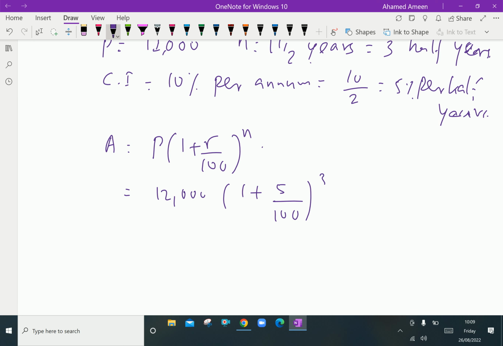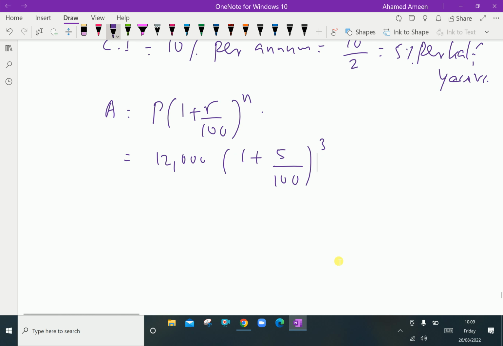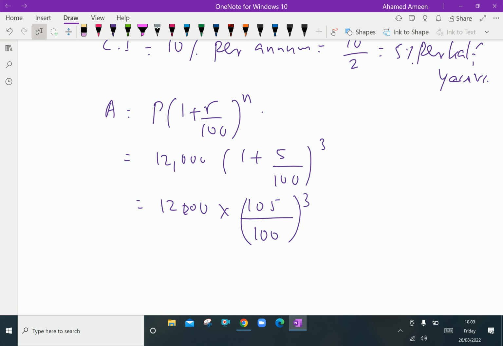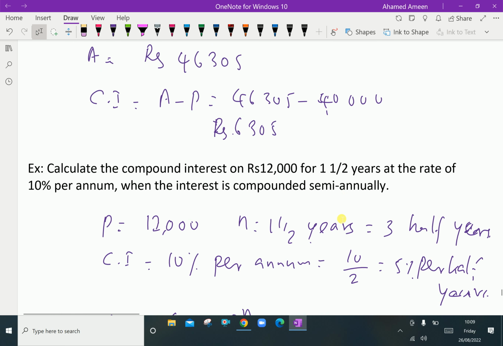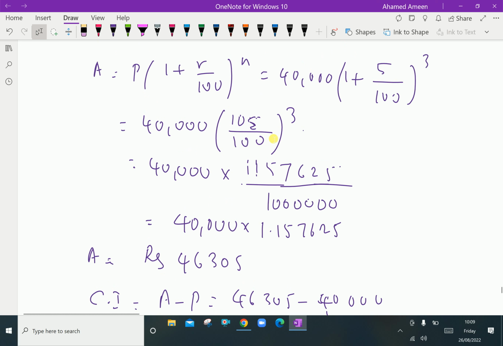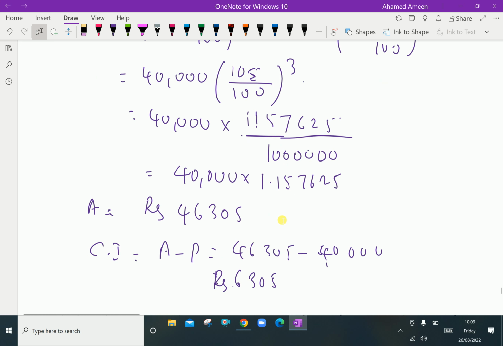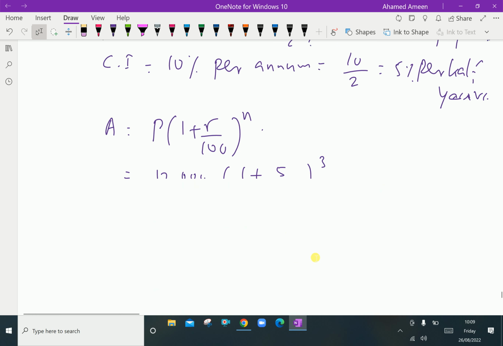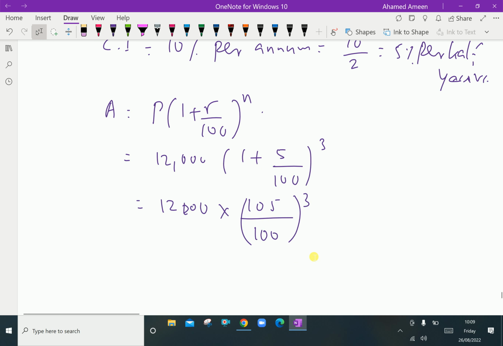Therefore, 12,000 into 105 over 100, power 3. In the previous problem also, 105 over 100 power 3 is 1.157625.